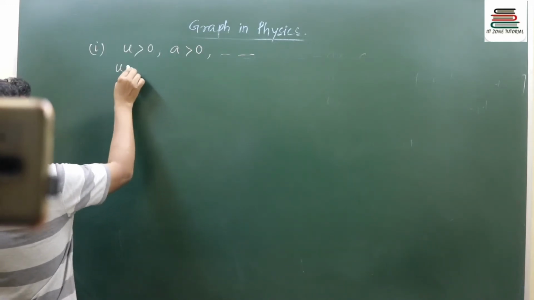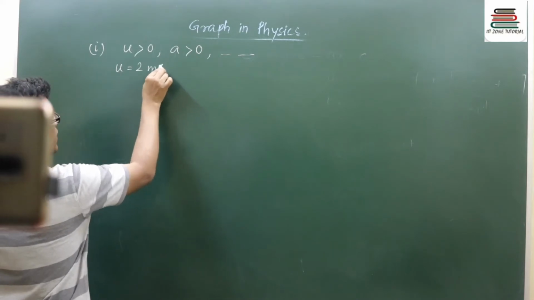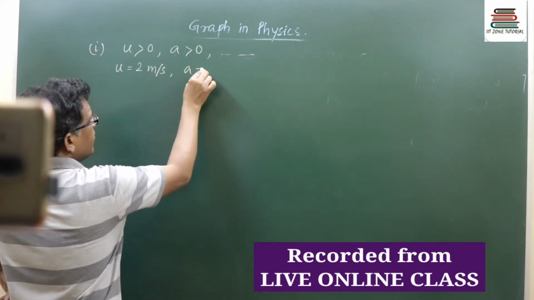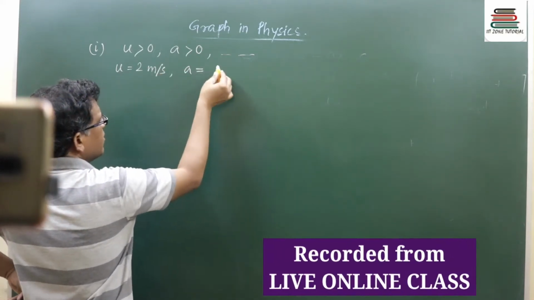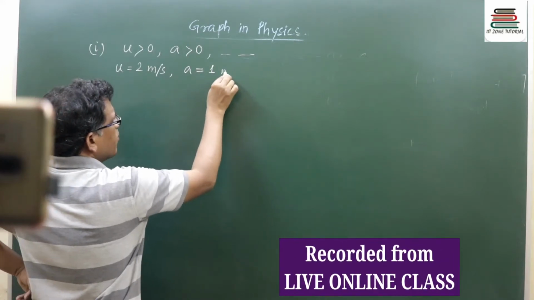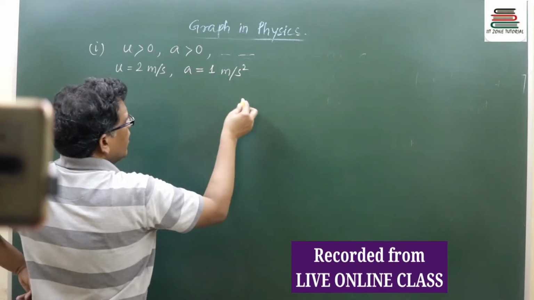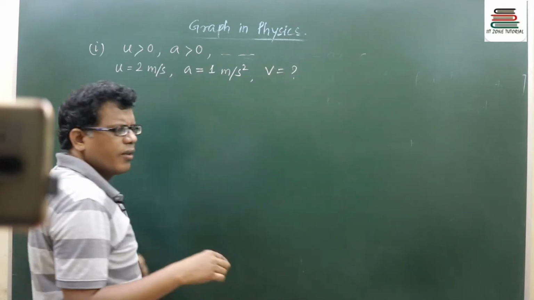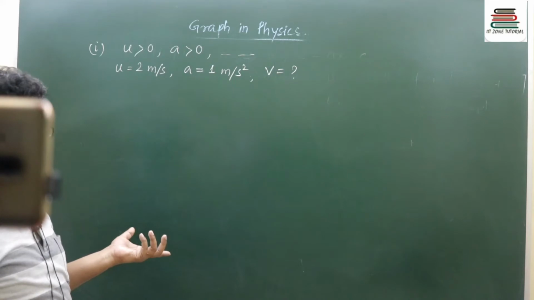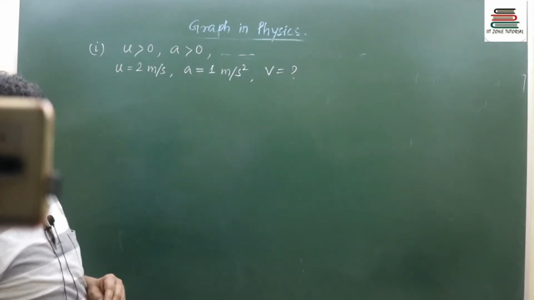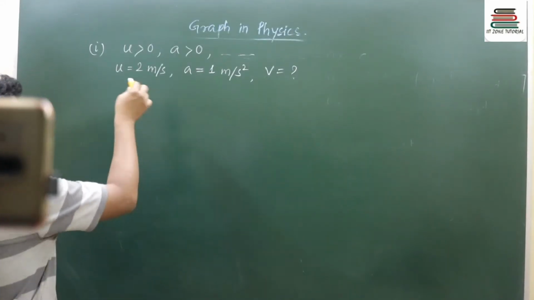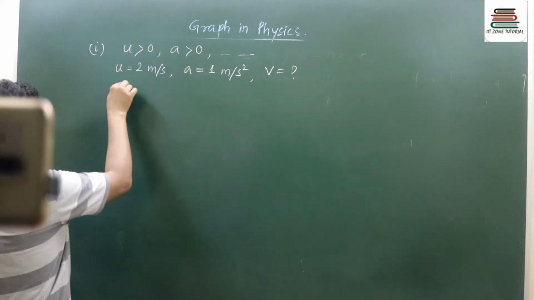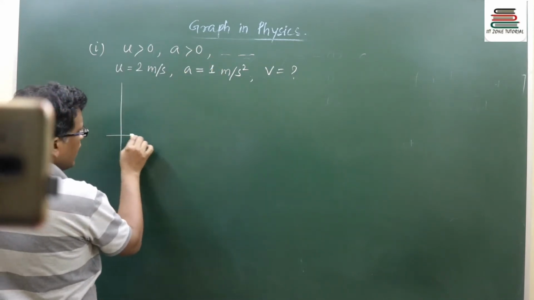I can take U, for example, 2 meter per second, and A can be taken as something like 1 meter per second square. If you want to know V, you can apply that equation to get the value of V if time is given. But if you want to represent such motion in a graph, how will you do that?